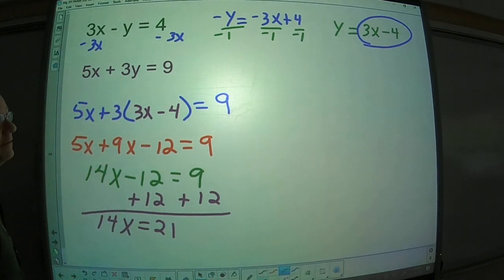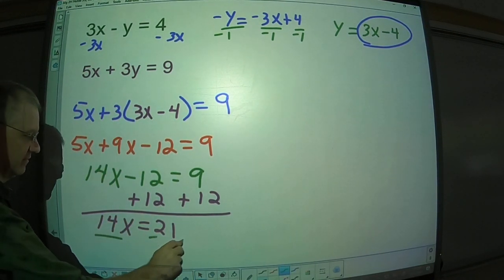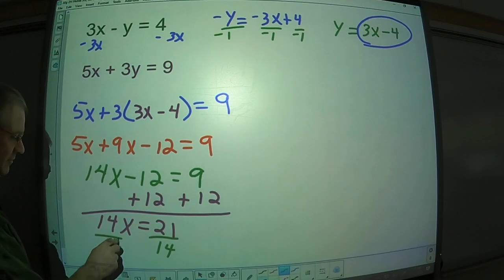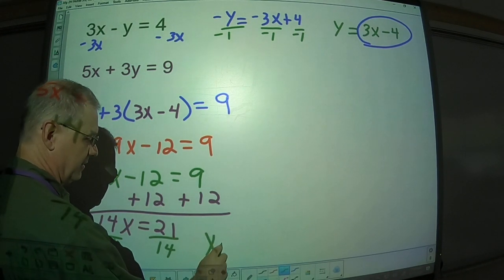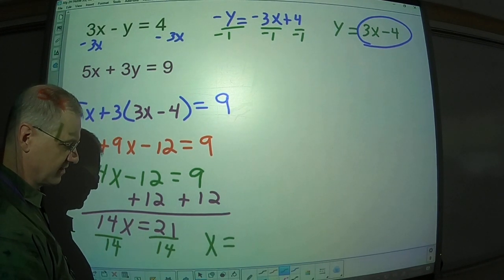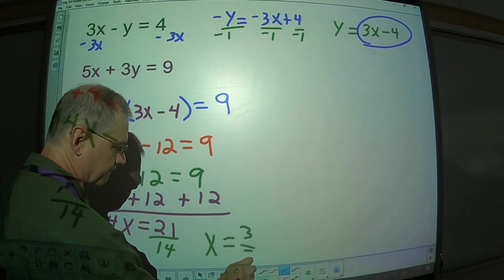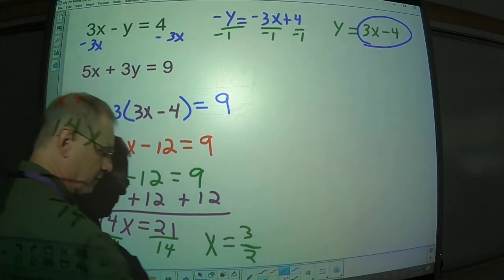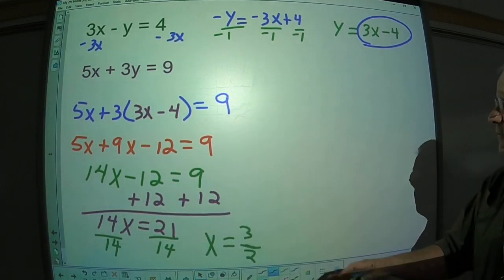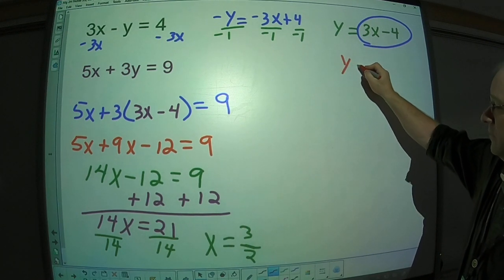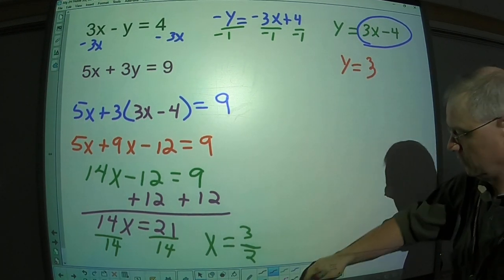All right. This is interesting. Divide by 14. Hopefully I didn't make a mistake. X equals, now if I reduce this, 7 goes into 3 and 2. All right. So there's my first answer. I bring that back up here. Ooh, that's funky.